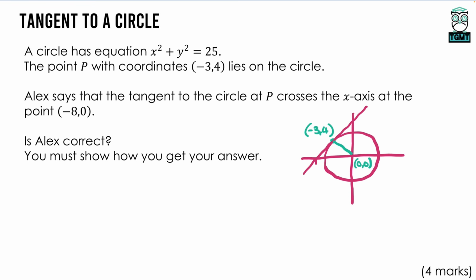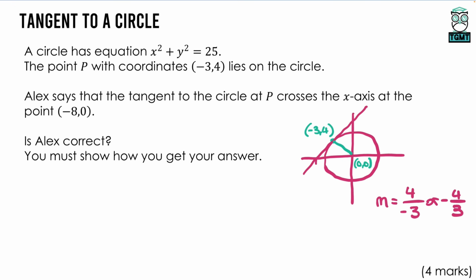So the gradient from 0, 0 to -3, 4, we look at the change in y, which has gone up by 4. So the gradient is going to be 4 over the change in x, which is -3. So it's 4 over -3, or you could write that as -4/3. So that is the gradient of the radius.